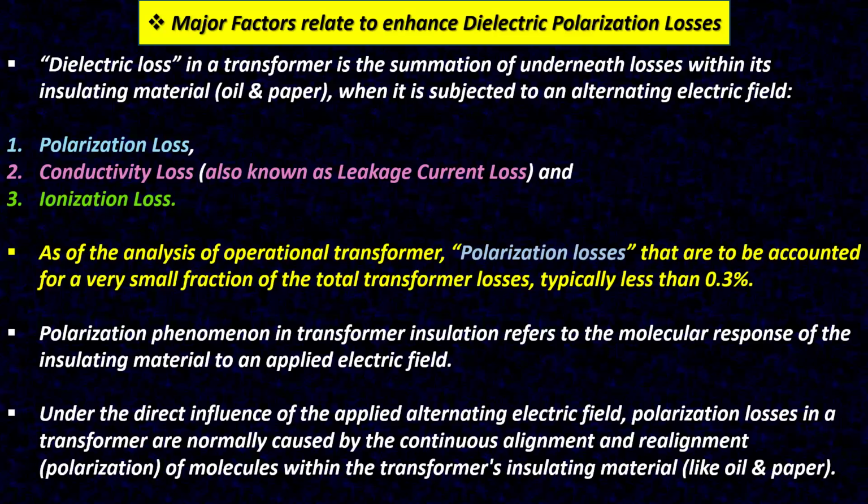Under the direct influence of the applied alternating electric field, polarization losses in a transformer are normally caused by the continuous alignment and realignment, that is, polarization of molecules within the transformer's insulating material like oil and paper.